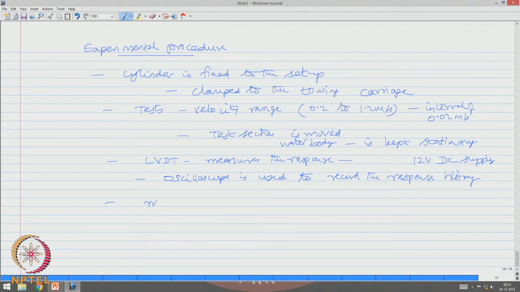All tests are conducted with a specific mass ratio of unity. The mass ratio is actually the ratio of mass of the system to the buoyancy.